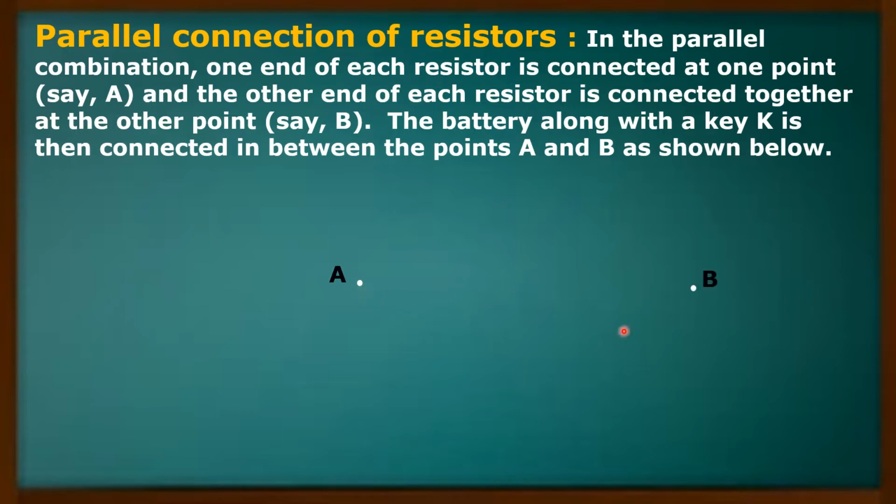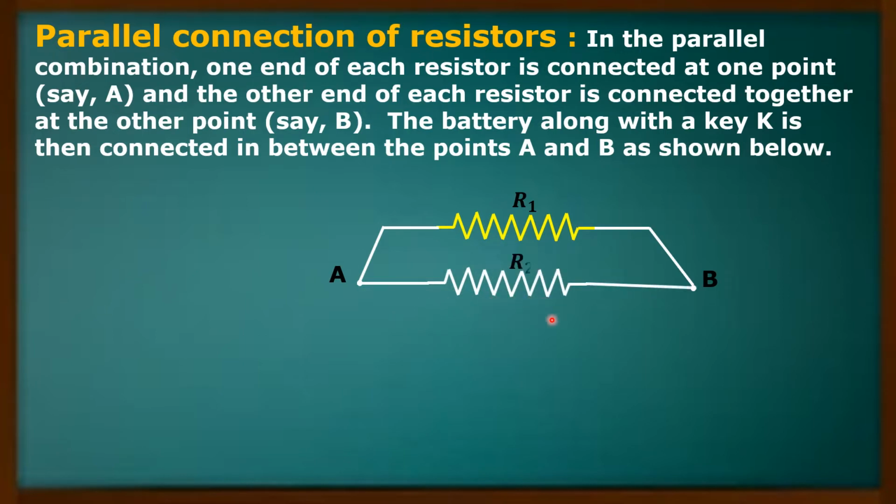Between these 2 points I am connecting three resistors. This is the first resistor whose resistance is R1, and this is the second resistor whose resistance is R2, and here is the third resistor R3. So these three resistors have been connected in parallel between A and B. You can observe here when the resistors are connected in parallel, current finds more than one way.